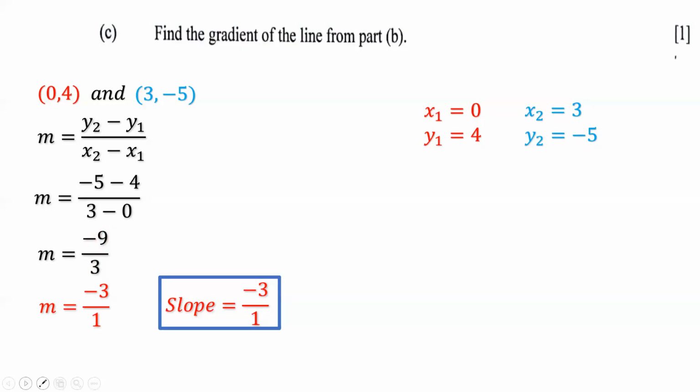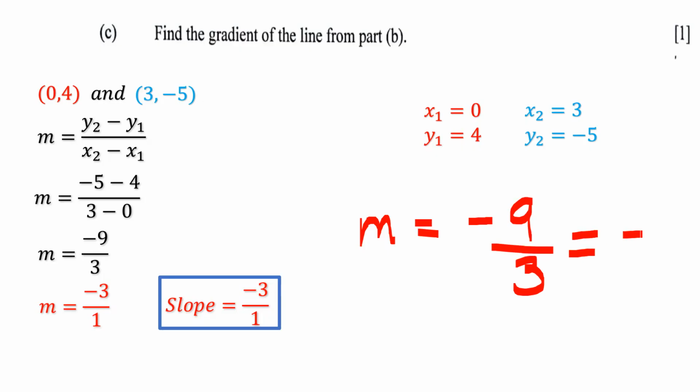So m, which is the slope, is equal to -9 divided by 3. What is -9 divided by 3? Well, it is definitely negative 3. So the slope is actually negative 3.